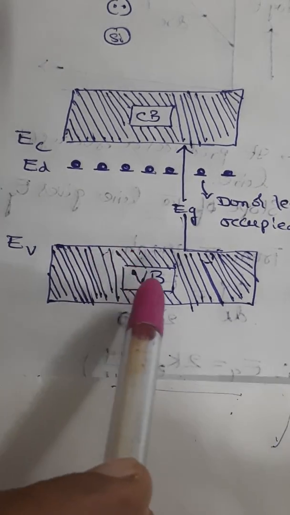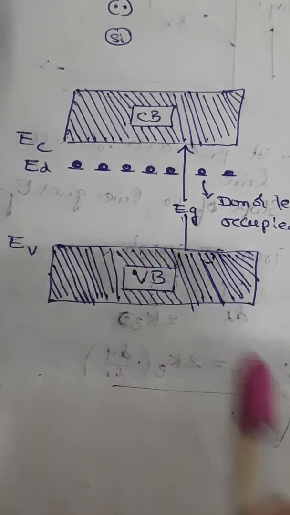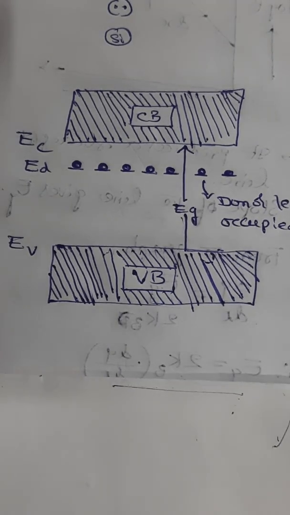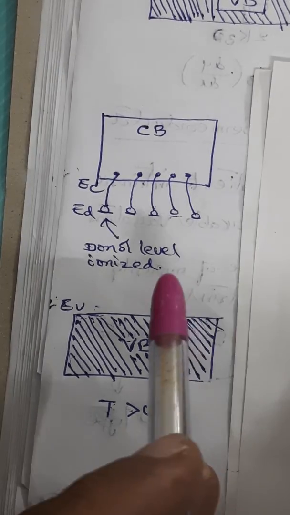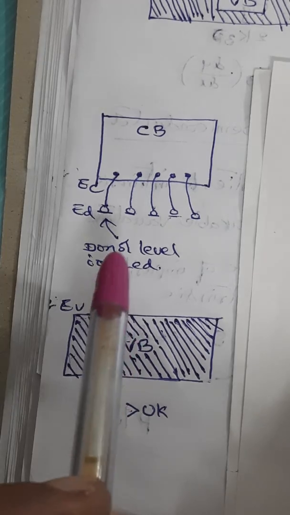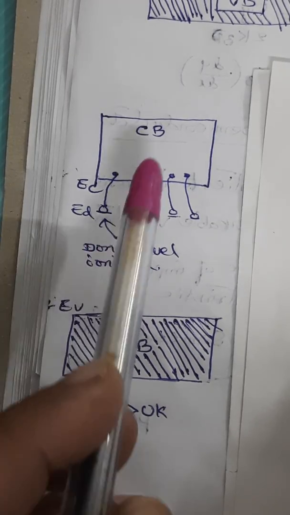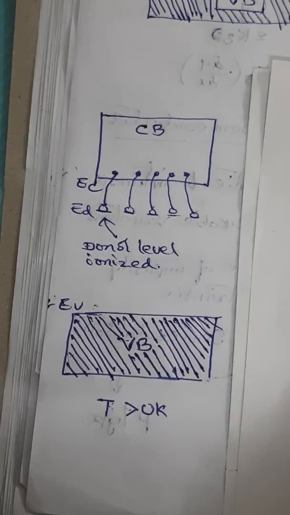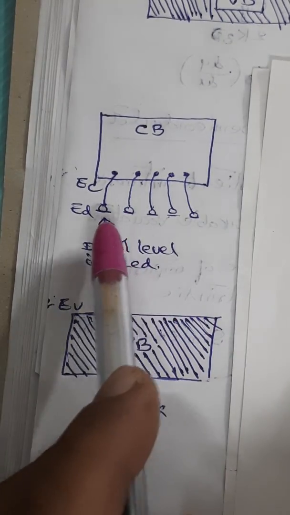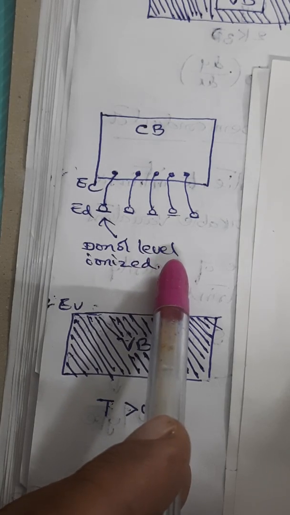When you increase the temperature to more than 0 K, the bound electron becomes a free electron and enters into the conduction band. As a result, the donor levels get ionized.